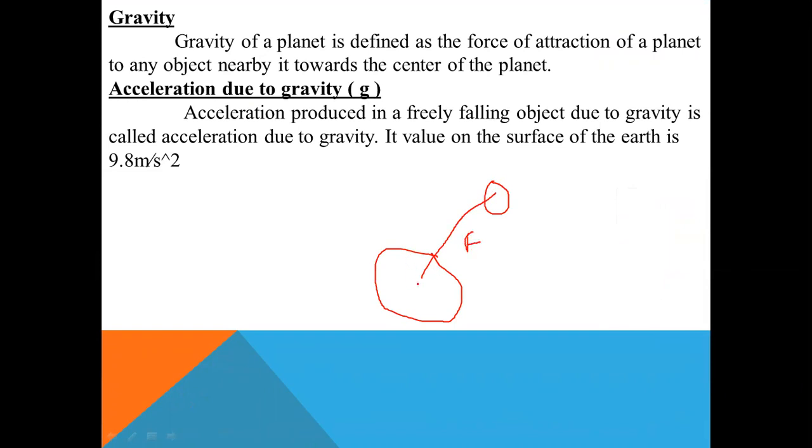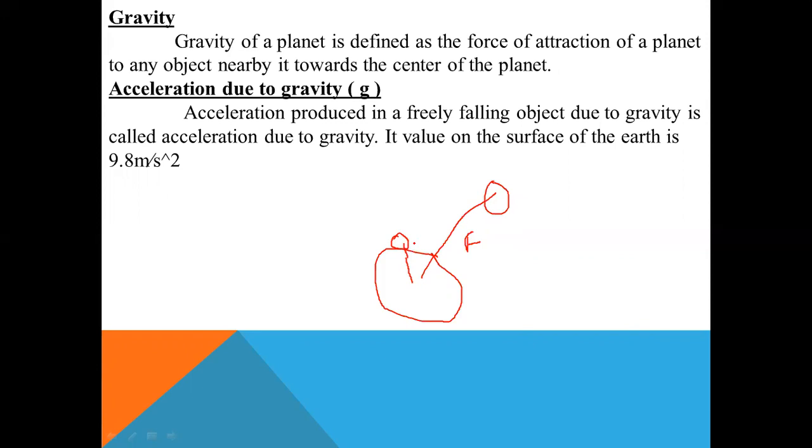But if this is a big object and this is another small object, this object attracts this object by more force than this object is attracted by this object. So the gravity of a planet, suppose this is the planet, is defined as the force of attraction of the planet to any object nearby it towards the center.